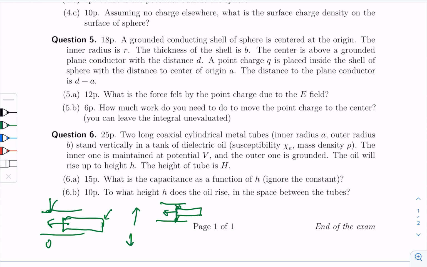How to calculate the position of the point has already been gone through in the lecture. We even discussed a very quick shortcut to calculate the coefficient for the image charge and the position, right?